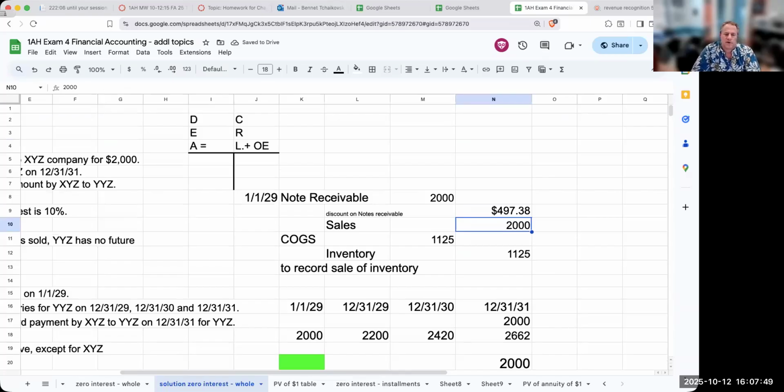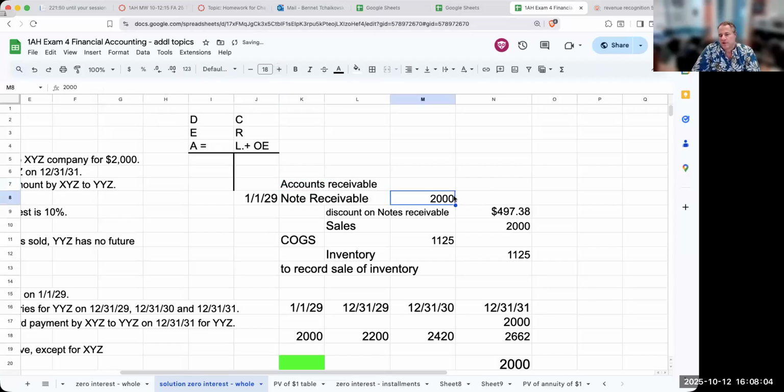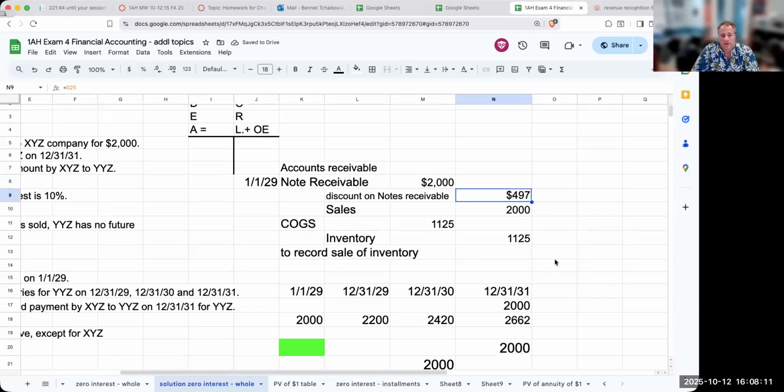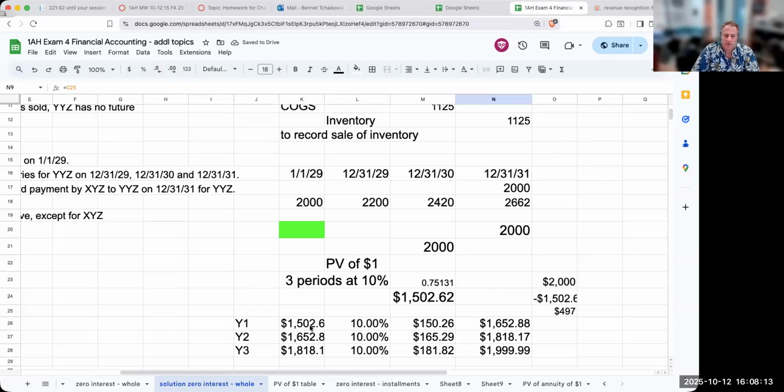Now, when I look at this, though, I kind of have an issue, right? My issue is over here. Well, Bennett, you recorded this note receivable at $2,000, but the problem is part of this really represents interest, because I could take this 1502 and reinvest it every year.